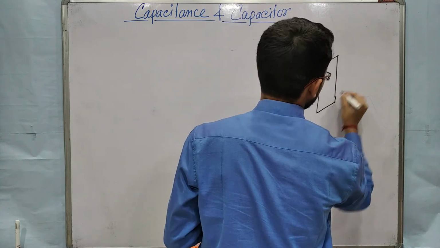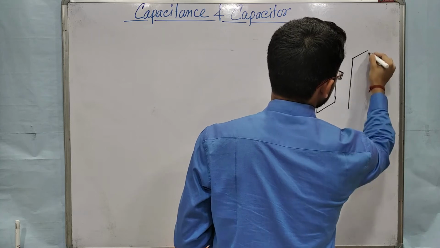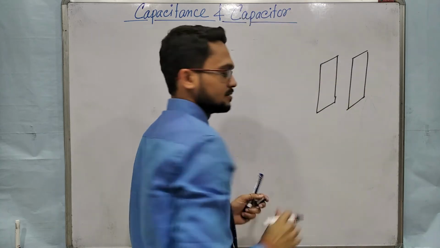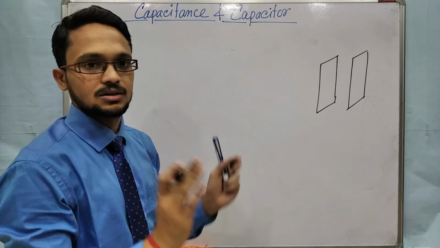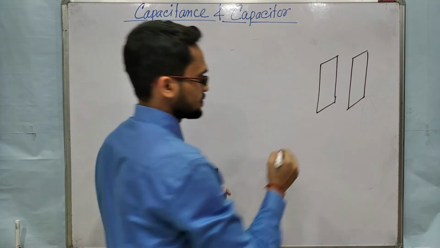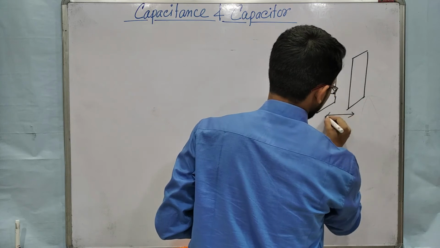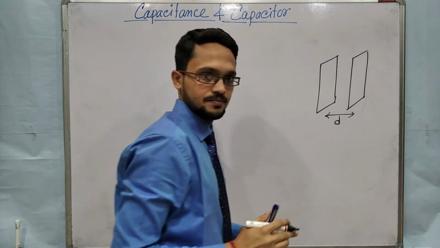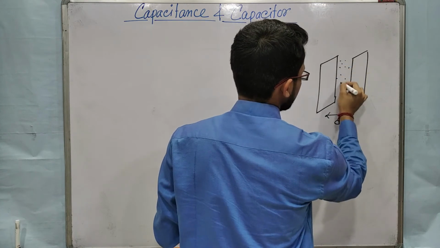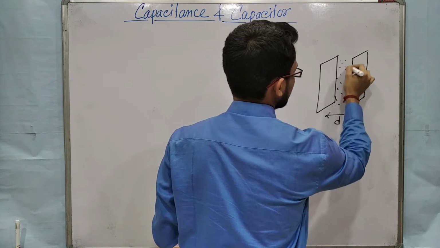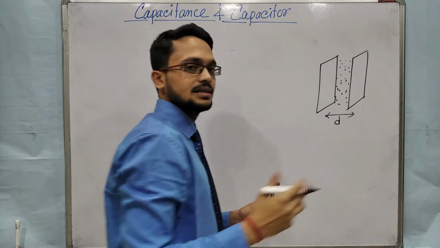This is a plate, and another plate is there. Two plates are kept very close to each other. Two conductors are placed very close to each other, that means the separation between them is very small, and in between them we place a dielectric medium. It may be free space or any other medium.